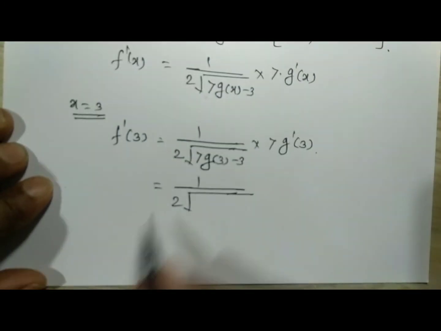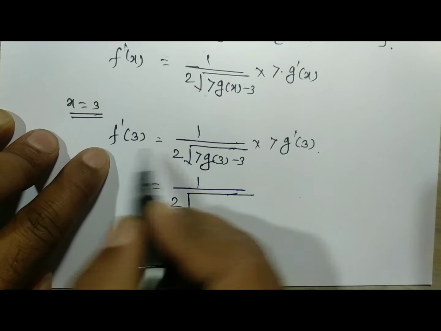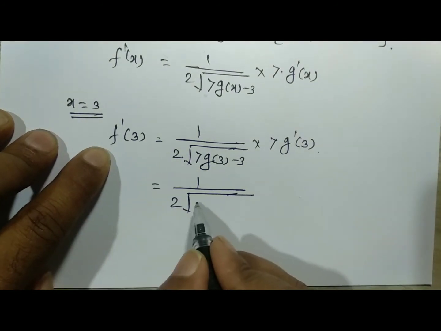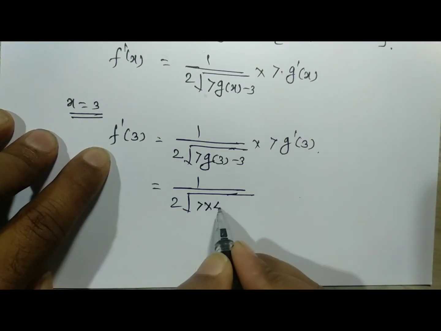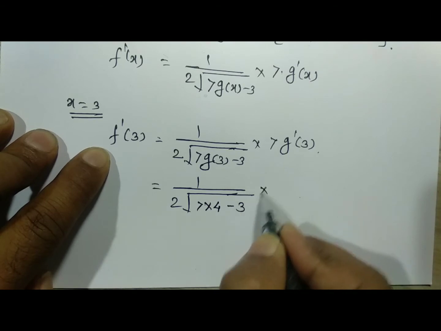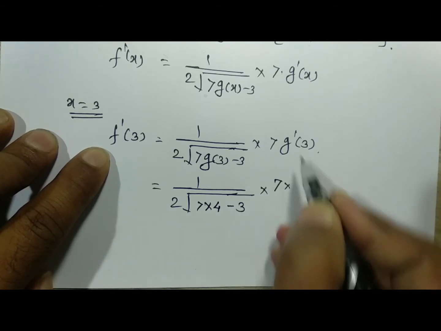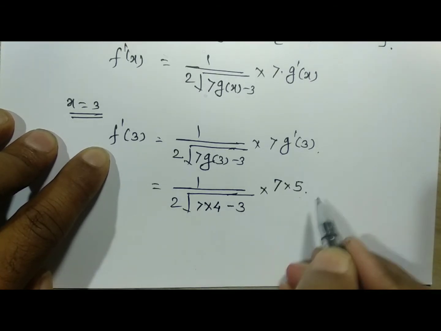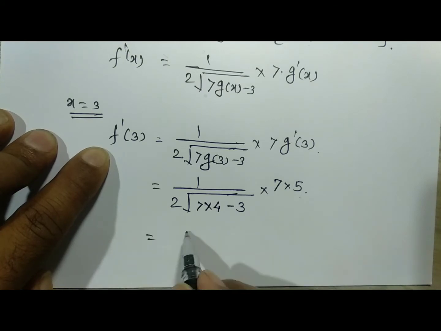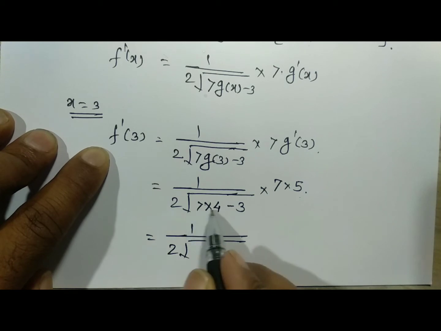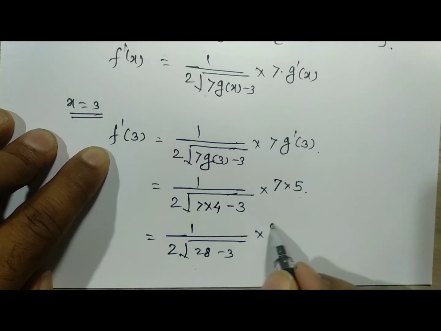And by putting those values inside the derivative, f'(3) = 7 into 4 minus 3 into 7 into g'(3) = 5 is here, and you will get 1 divided by 2 root of 7 into 4, 28, minus 3 into 35.